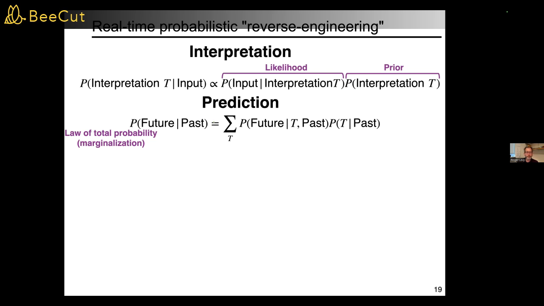And then for incremental prediction, there's the law of total probability. And that says that given possible interpretations of incremental input, T, the optimal predictions about the future do what's called marginalizing over possible interpretations.